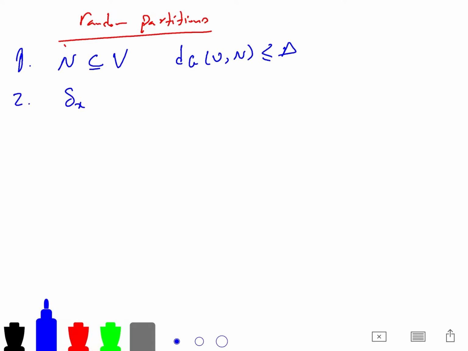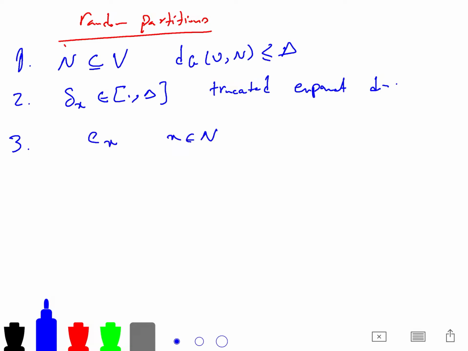Then we sample delta_x in [0, delta] using a truncated exponential distribution. Each vertex will join the cluster C_x of the center x in N for which the value of delta_x minus d_G(x, v) is maximized.